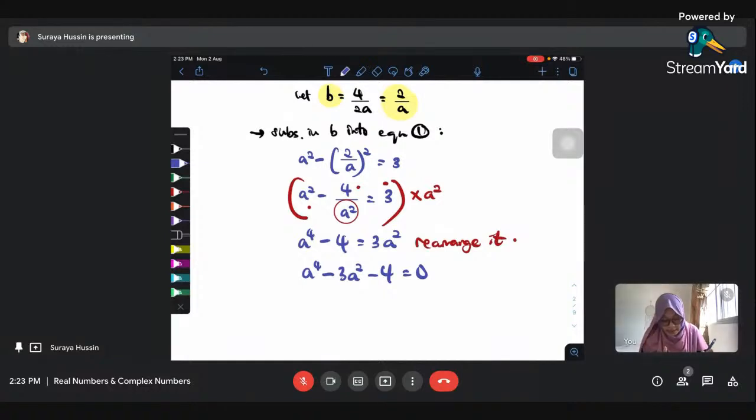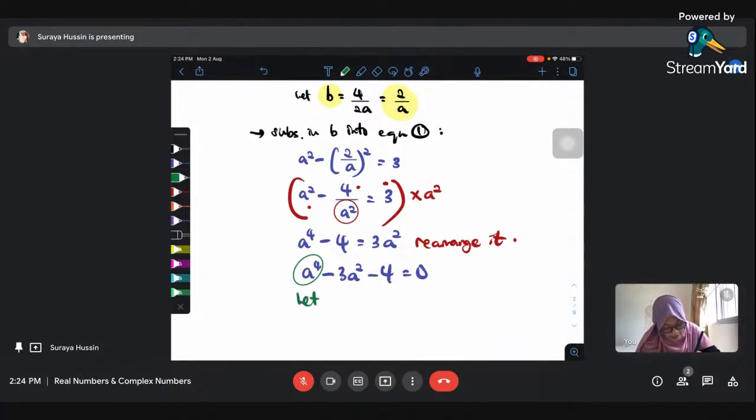Okay, so I know in here, you tak pernah memfaktorkan, you have never factorized power yang agak besar, especially this power 4, isn't it? So I'm here to teach you how you will solve this power 4 punya equation.